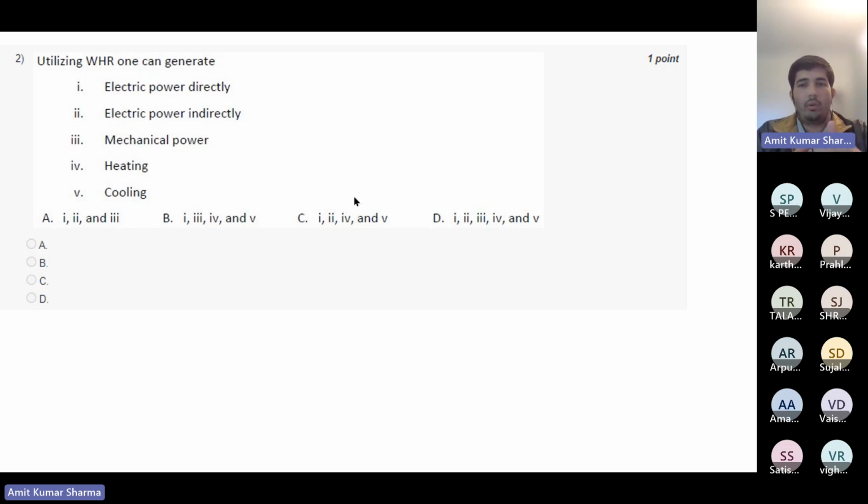Only if the waste heat is of good quality and good quantity is it going to be useful. An automobile has very low waste heat, so it is not recovered easily, and recovering it would be very costly, so it is not economically feasible.